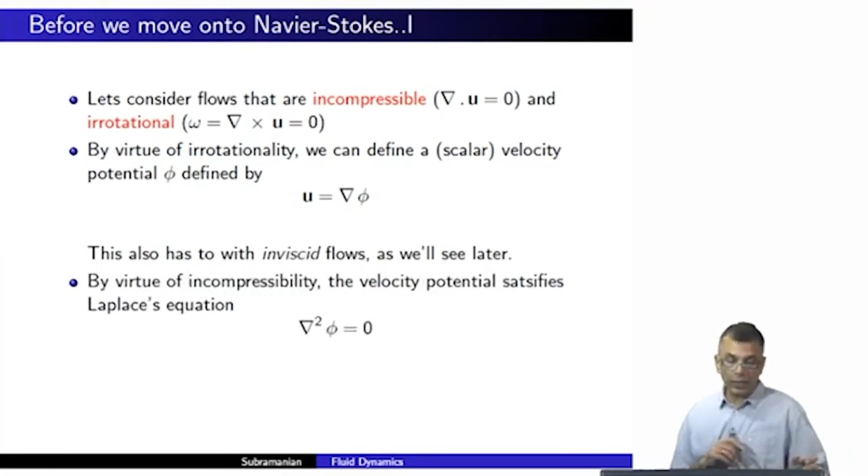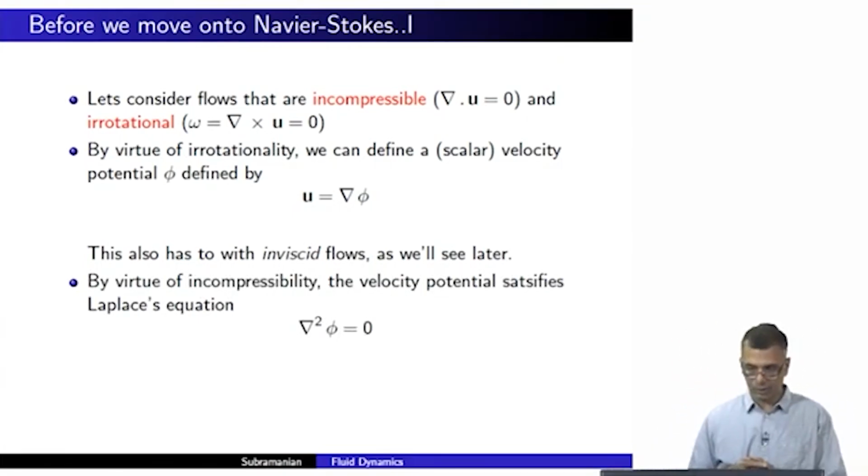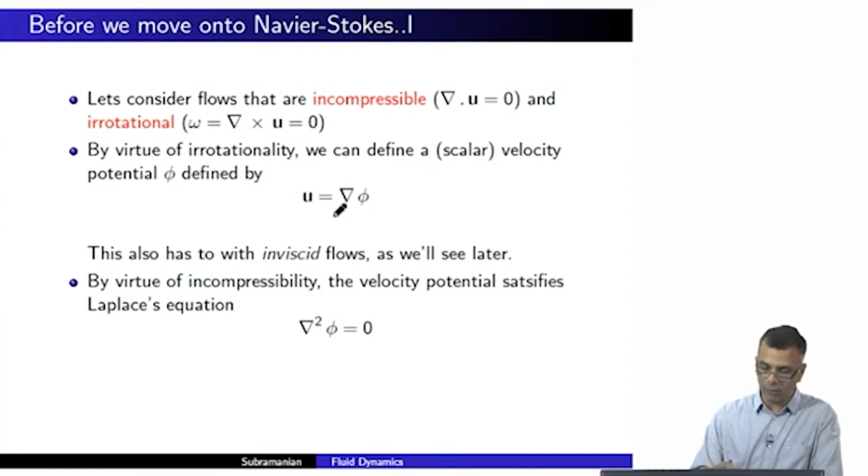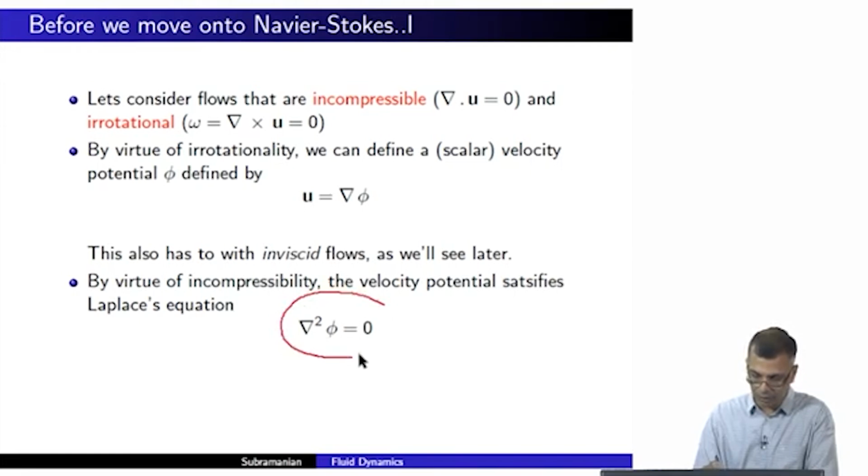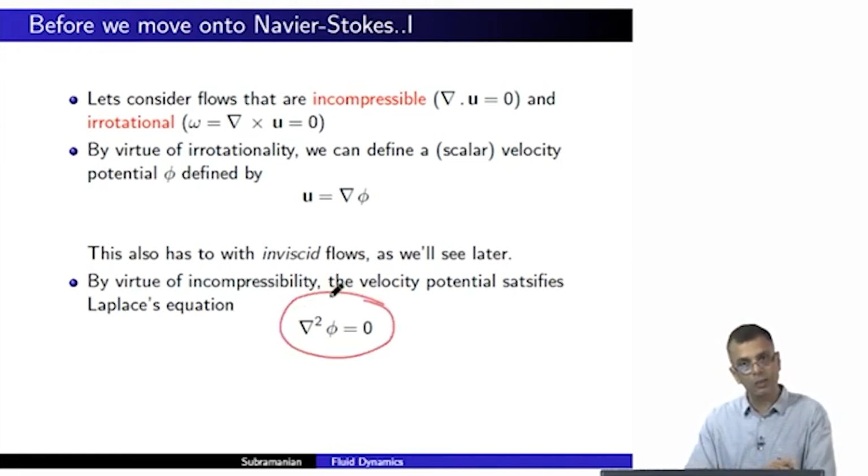Now, by virtue of incompressibility, we've already said that u is defined as a gradient of a scalar potential. On top of it, we are saying that the flow is incompressible. In other words, the divergence of the gradient, which boils down to the Laplacian, is equal to 0, right?